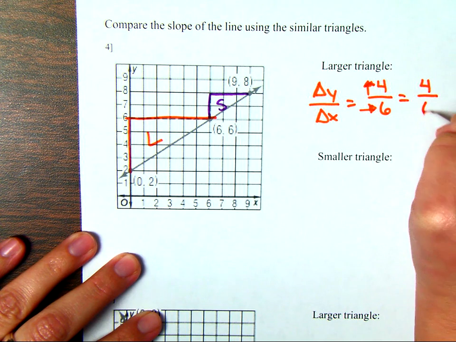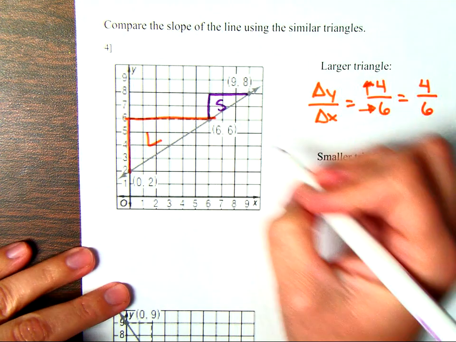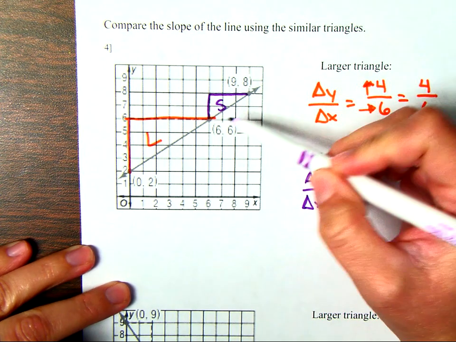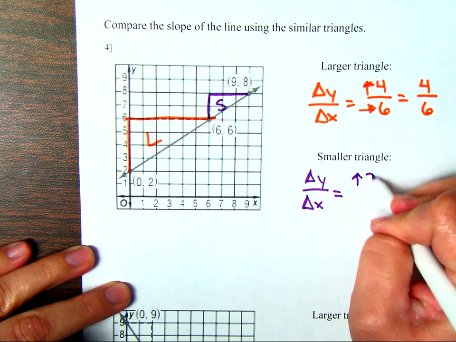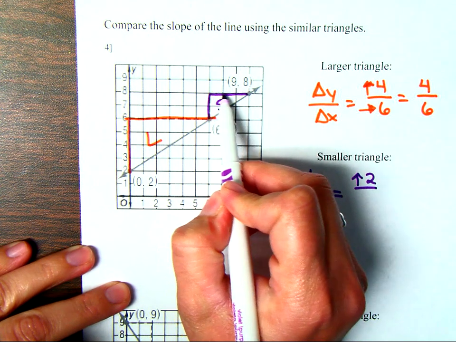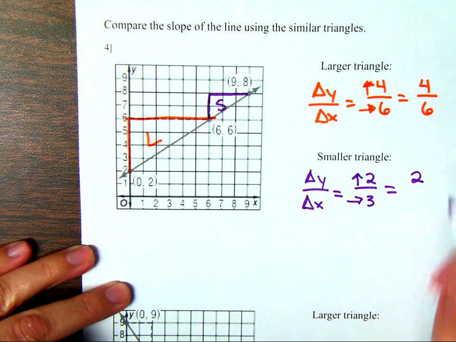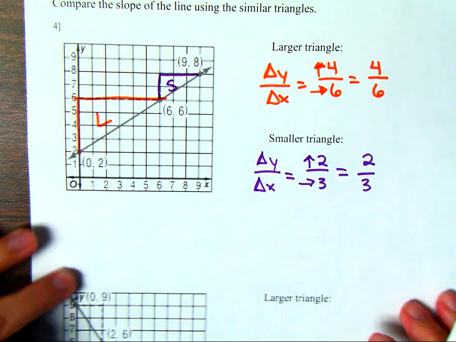Okay, let's look at the smaller triangle. Change in y over the change in x. So this one I'm going vertically up 2 and horizontally 1, 2, 3 to the right. So up 2 is a positive 2, 3 to the right is a positive 3. Those don't look alike, but remember that you need to reduce.